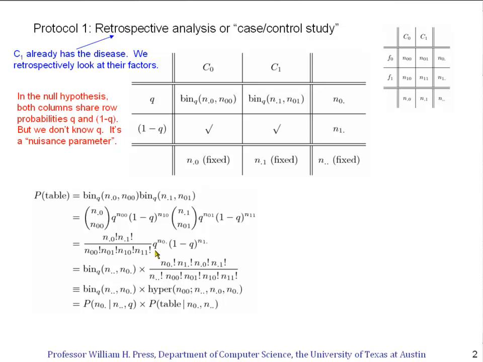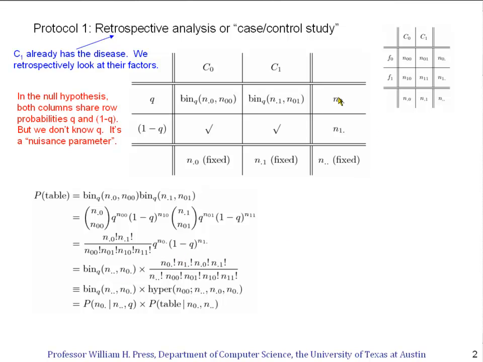But when you look at this, you say, I bet this is a piece of a binomial probability itself. And in fact, it is, because we can just pull out whichever factorials we need to turn these two terms into this binomial probability here. That's the binomial probability with probability Q of drawing, out of all of the possible events in the table, exactly the number n0 dot.